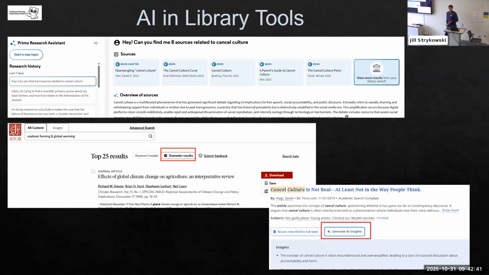So I'm interested in Primo Research Assistant, and my idea for this comparison was just to see if Primo Research Assistant could hang with Elicit and Consensus and some of the purely AI tools. Does it do as well as those tools?